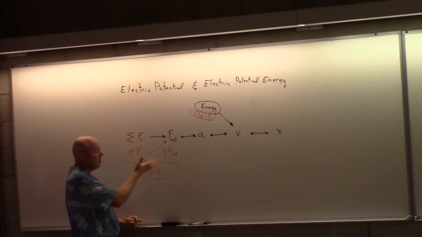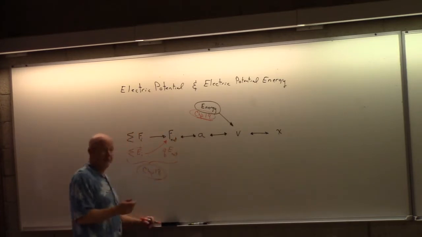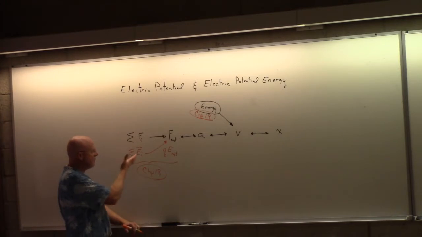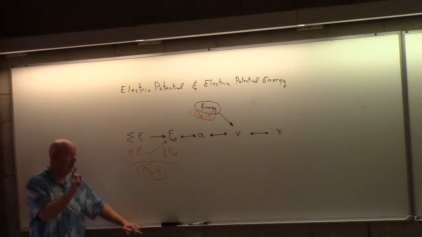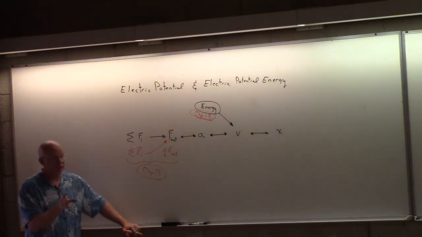Now, the advantage of that is once you got the fields added up, you would just multiply by Q to get the force. And by the way, in case you're wondering, is this extra step needed? I mean, why couldn't we have just added up the forces? And you could have. However, there is something very different about electrical forces compared to the gravitational forces.